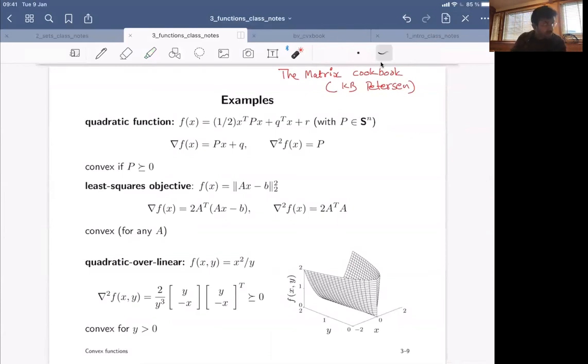We have a quadratic function here, which is expressed as x transpose Px plus q transpose x plus r. You may often come across a quadratic function. Maybe I have encountered this in my research. So my question is whether this quadratic function is convex or not.